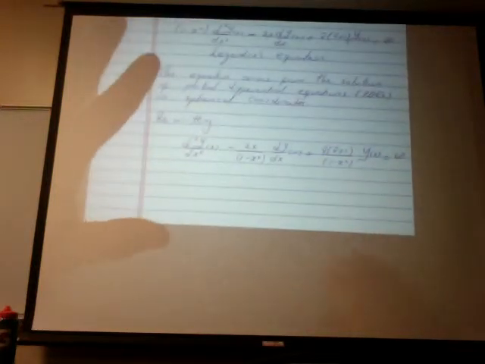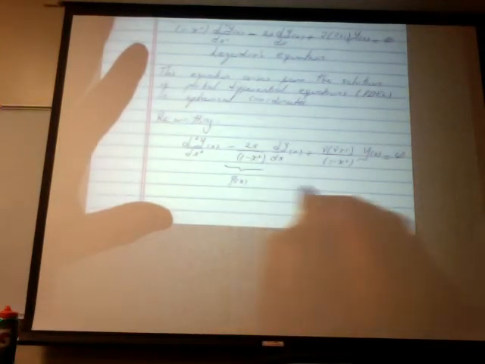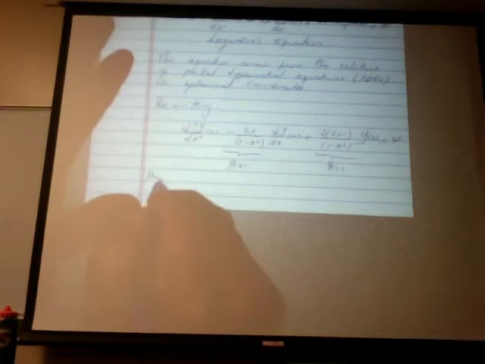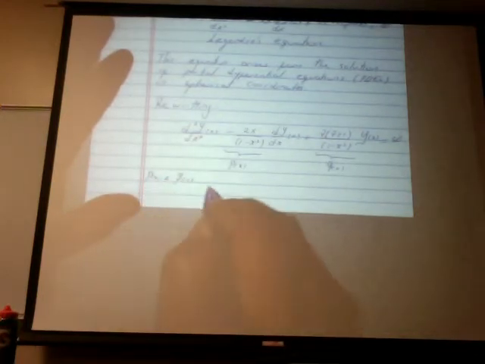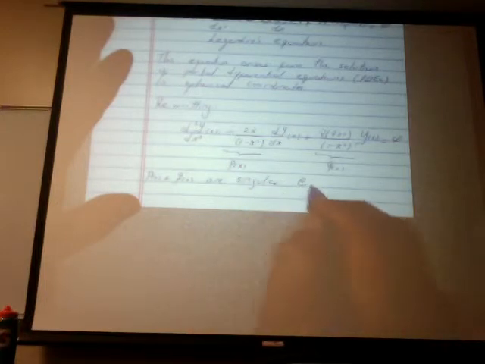And as you can see, this is P(x), and this is Q(x). And what we notice is that P(x) and Q(x) are singular at x equals plus or minus 1. At x equals plus or minus 1. Alright? Those functions go to infinity.